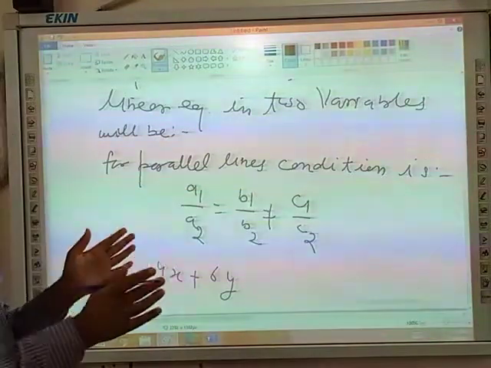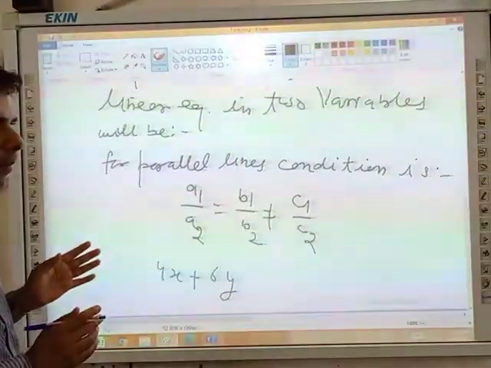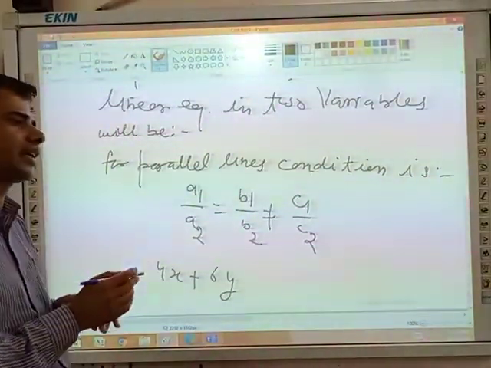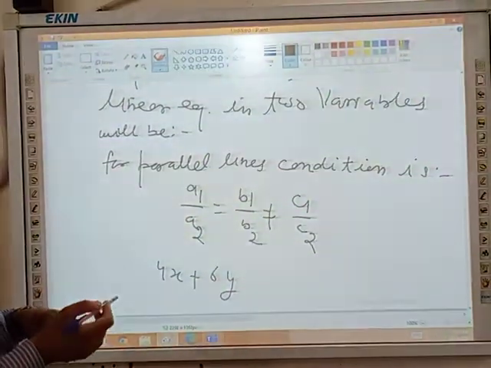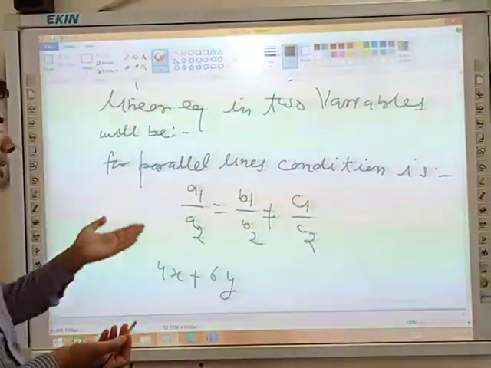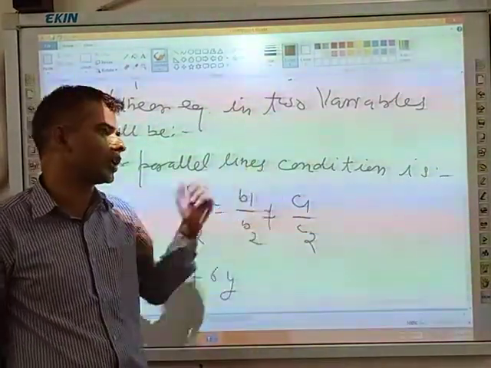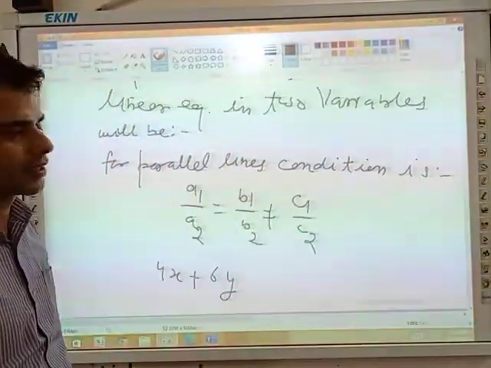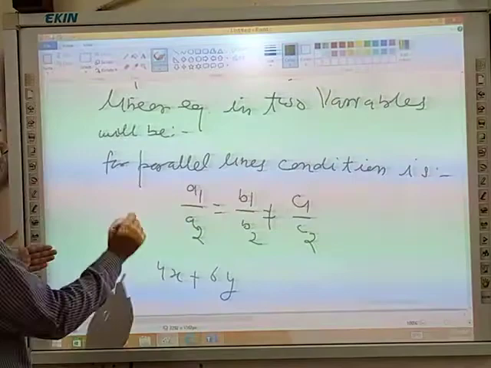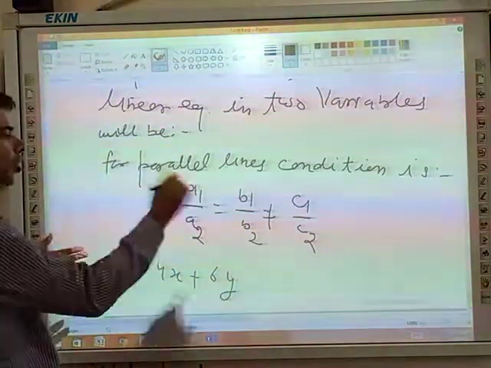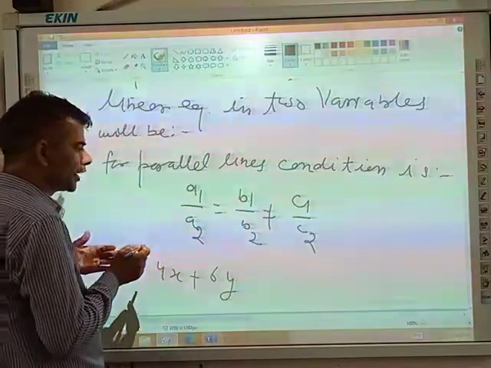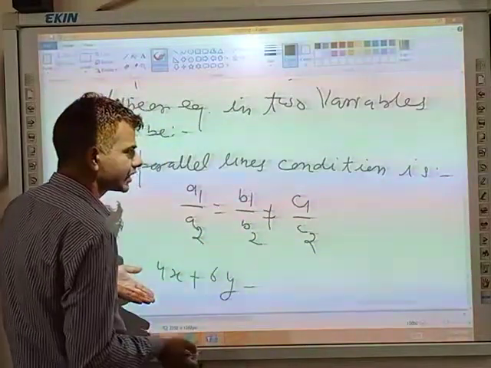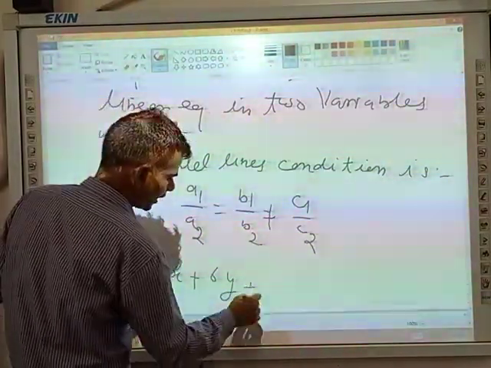Here you should not take C2 as minus 16, you can take anything else. If you take C2 as minus 16, C1 by C2 becomes minus 8 by minus 16, that is 1 by 2. So A1 by A2, B1 by B2 is equal to C1 by C2. That is the condition of coincident lines. But we have to make A1 by A2 equal to B1 by B2, but not equal to C1 by C2. To satisfy this condition, except minus 16 you can take any number, for example plus 17.